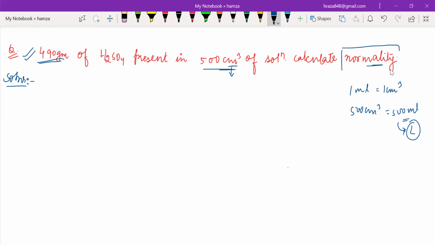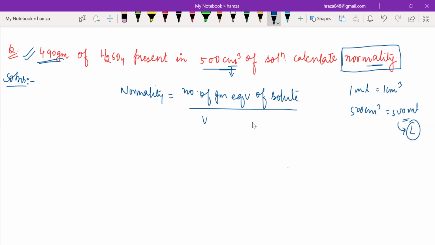Do you know the formula of normality? Number of gram equivalent upon volume of solution in liter. This is the formula for calculating normality.